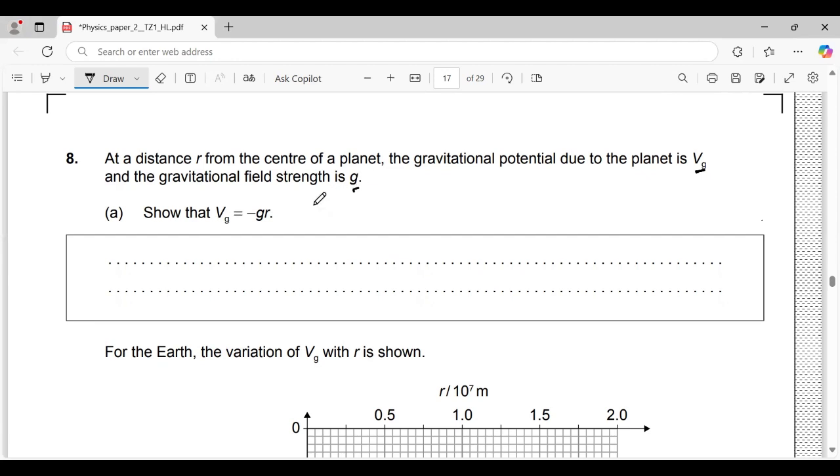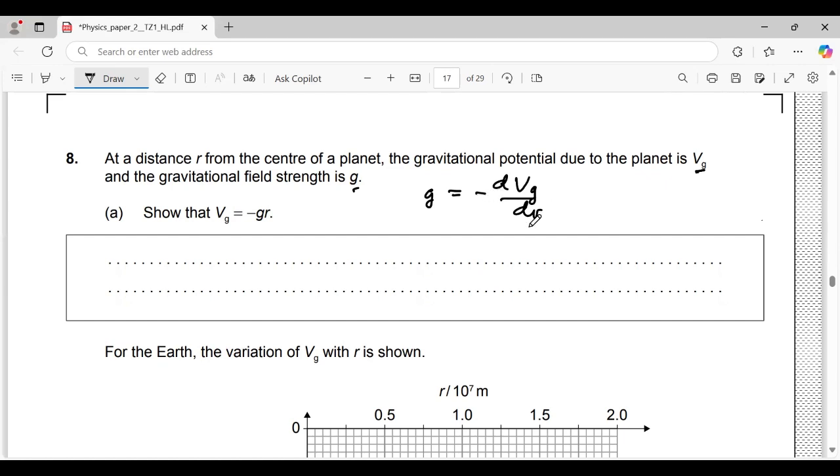The gravitational field strength, g, is the negative gradient of the gravitational potential, Vg. So g equals minus dVg/dr.